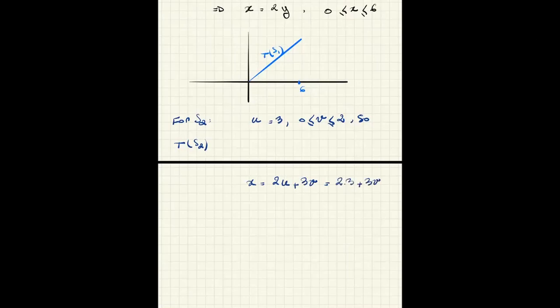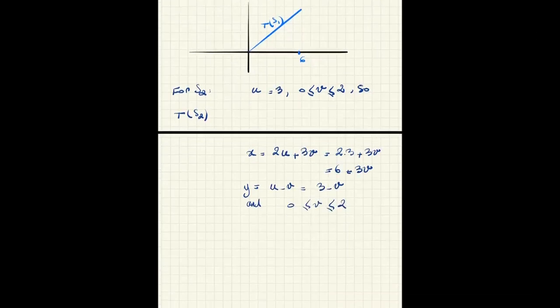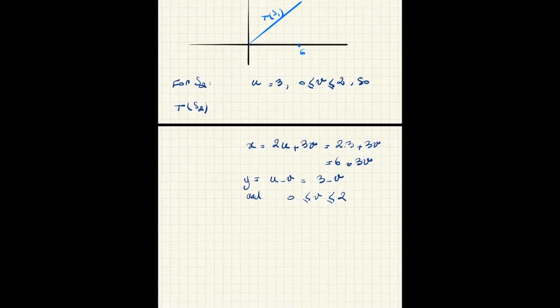V is a variable, so it's 6 plus 3V. And y is U minus V; now U is fixed, so it's 3 minus V. And V is between 0 and 2, right? So now I have x and y, and they are both expressed in V. Now we have to isolate V.